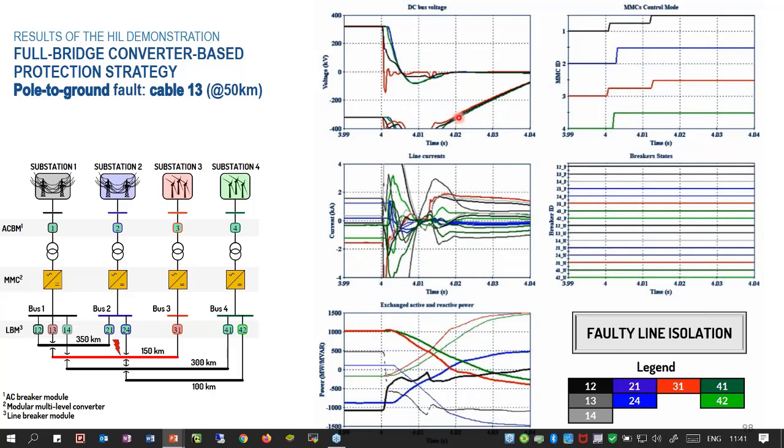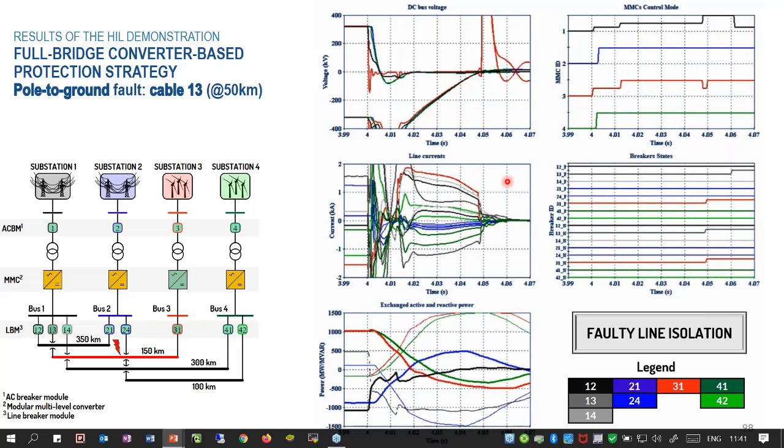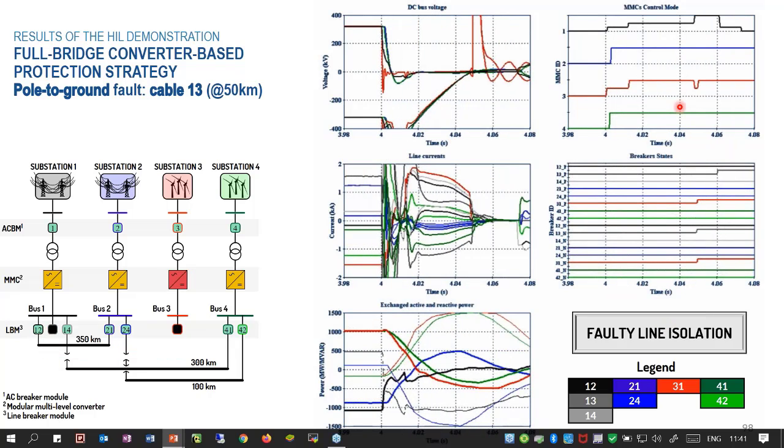After, or during, the pole rebalancing, there is an isolation of the faulty line. So here a control mode is changed also in the converter, in order to limit the faulty line current to 0.